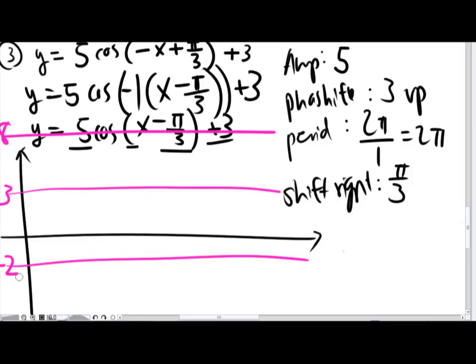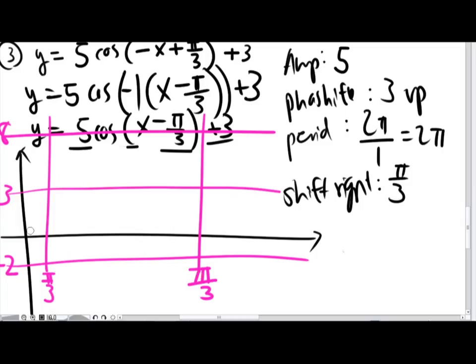Okay, so we have a phase shift to the right of pi over 3, so we're going to start from pi over 3, and then our period is 2 pi, so pi over 3 plus 2 pi is 7 pi over 3, so our one whole period is from pi over 3 to 7 pi over 3.